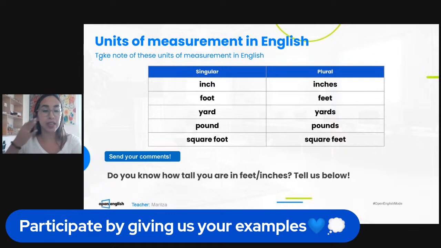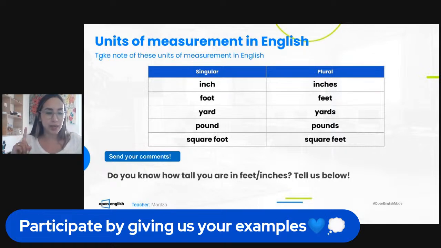We also use a unit of measurement called a yard or yards. We also use pound or pounds. Instead of kilograms, we say pound or pounds in the United States.